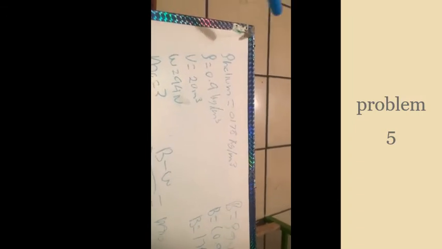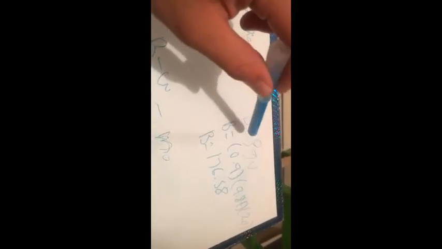Well, this is the fifth exercise, the fifth problem. In the fifth problem, they give us the density of helium, the density of the air, the volume, and the weight, and they're asking us for m0. First of all, we have to solve for the buoyant force. The buoyant force is equal to the density of air times gravity times volume.